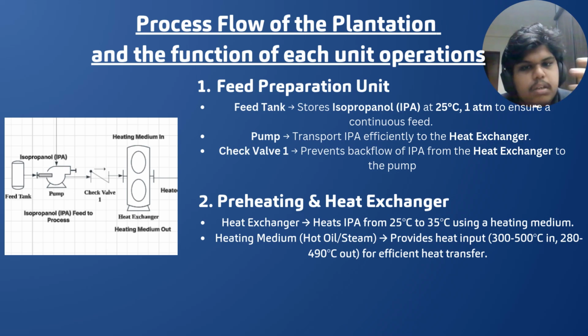The heating medium may be hot oil or steam, and it provides a heat input of 300 to 500 degrees Celsius, and then 280 to 490 degrees Celsius of output for efficient heat transfer. Now let's go to the third one.